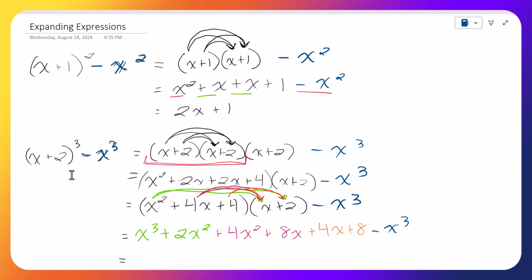Those will go away. They'll go to 0. We have 6x squared plus 12x plus 8. And that's us expanding out a cubic expression.